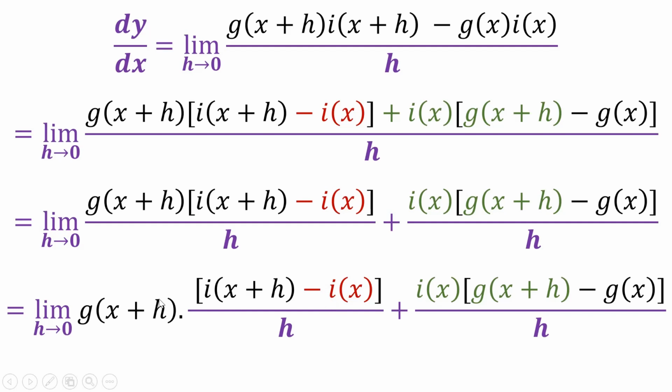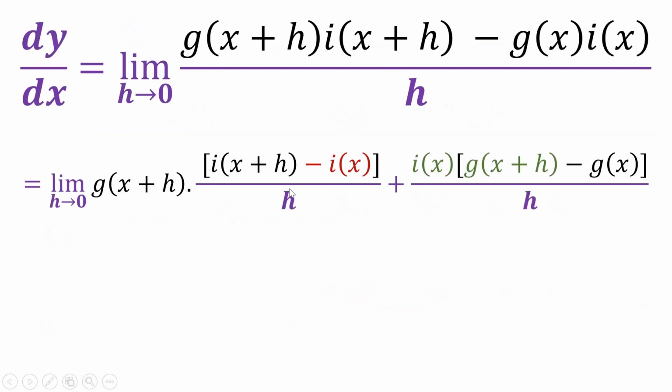Now, when we do this, something comes to mind. We see that the fraction here is just a derivative. When we cast our minds back to the first principle of differentiation, we see that if we have I of x plus h minus I of x over h as the limit of h approaches 0, then this is the derivative of I with respect to x. So that is what I'm going to do.